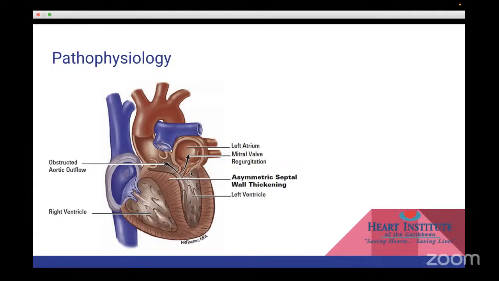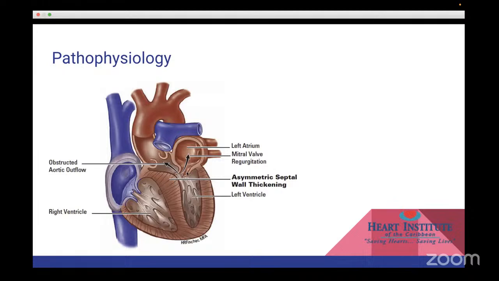So what happens is that the mitral valve is pulled up against the septum here, like we can see happening in this image. And this happens because of the contraction of the papillary muscles, which occurs because of the valve's abnormal location, and the septal hypertrophy alters the orientation of the papillary muscles.